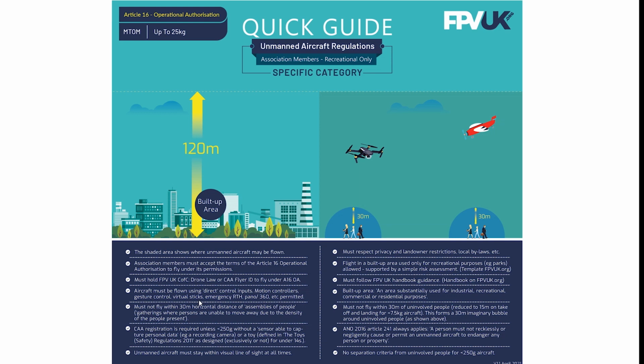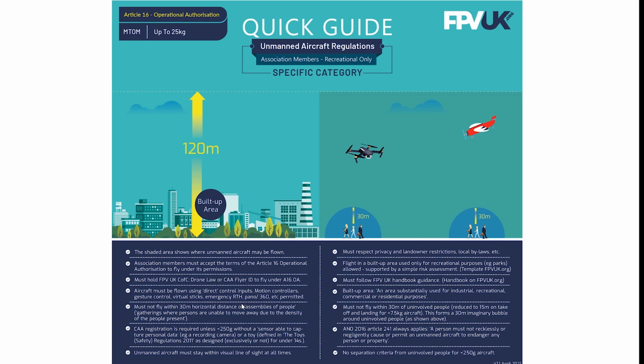So you can set that as your fail-safe. In case of control link failure or low battery, you could set an emergency return to home. Or if you became disorientated or had some problem, some emergency scenario, you can press the return to home button and let the drone fly back to you. But you mustn't use that as a matter of course.